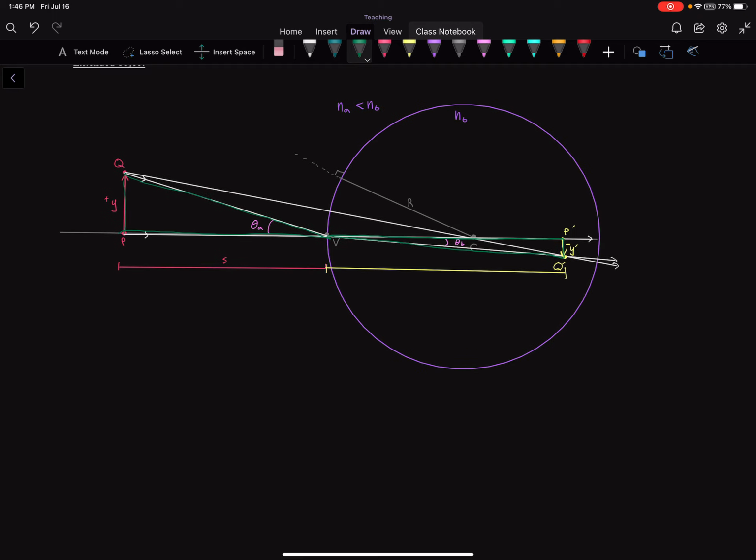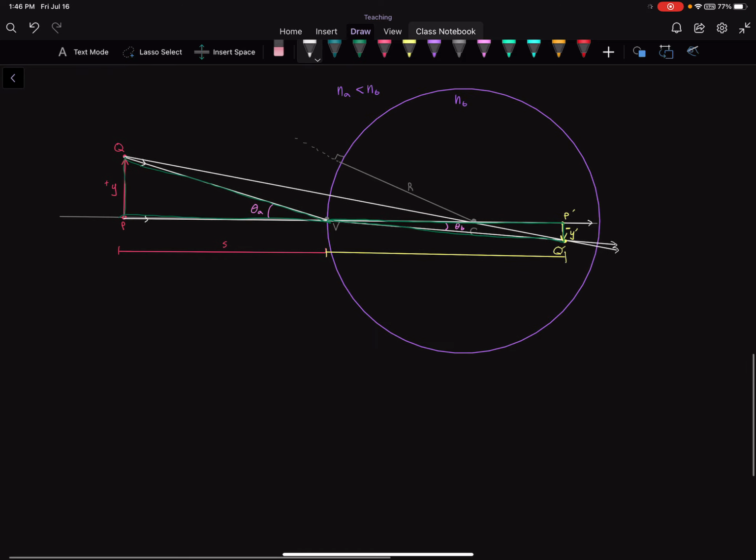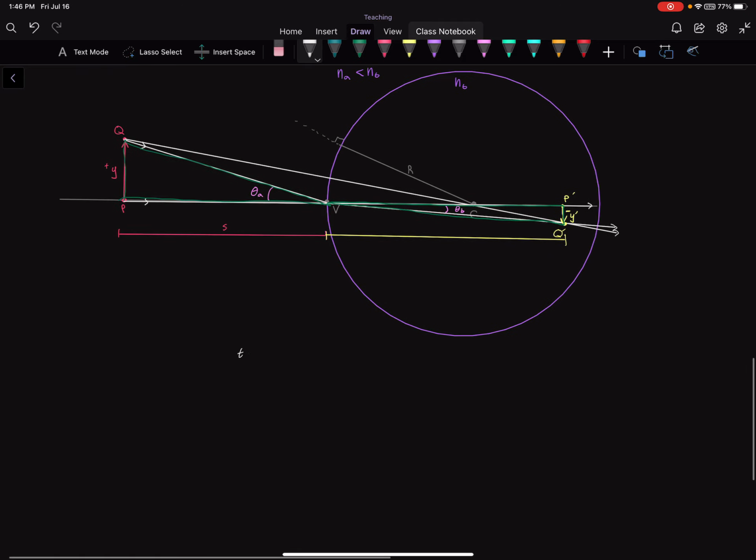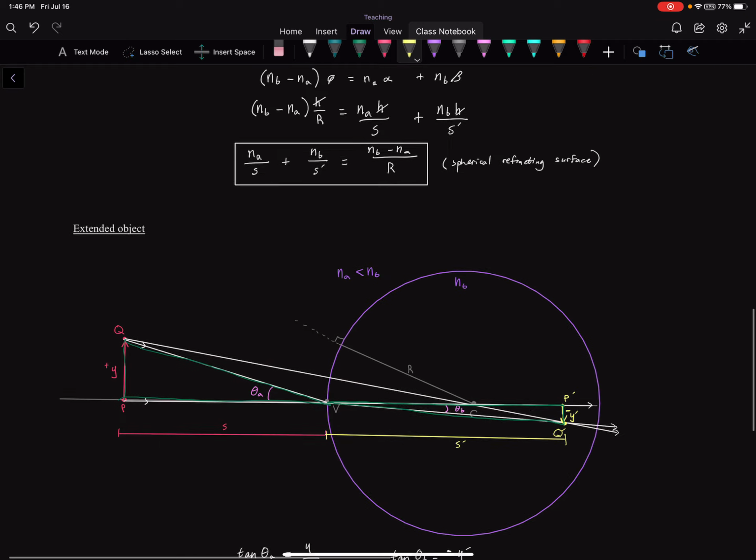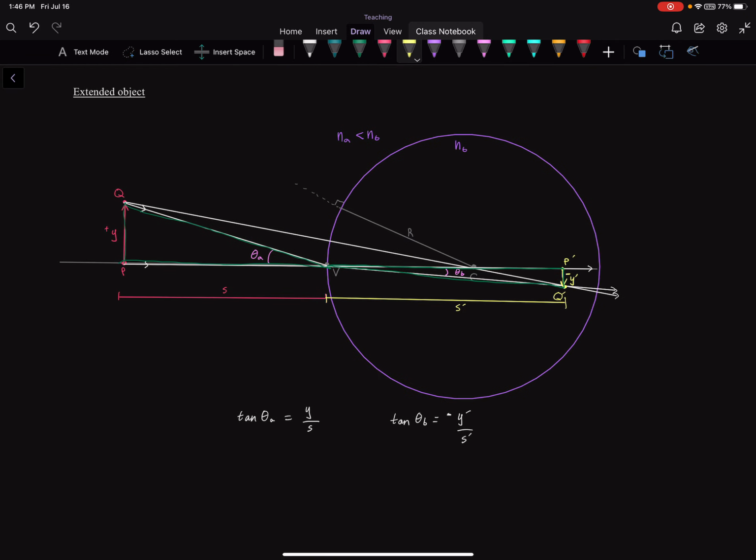So these are right triangles, and if we look at the tangents of the angles that we've identified, tangent of theta A is going to be equal to y over s. And tangent of theta B is going to be equal to negative y prime over s prime. And we already identified from before, since it's on the same side as the outgoing rays, then it's also positive. So positive, positive, and this one also positive.